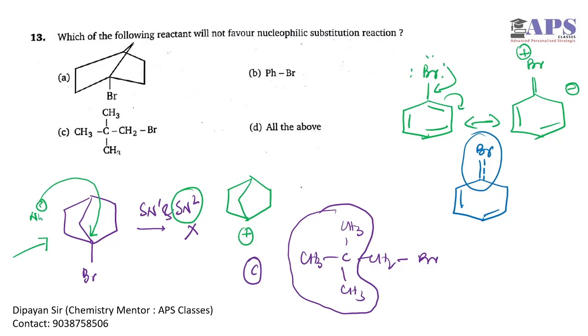So the nucleophile cannot approach from the backside due to this very sterically hindered functional group. So SN2 reaction is not possible. SN1 reaction is not possible that much, but there will be some sort of SN1 reaction possible, though not that high in rate because the initially formed carbocation is not stable.